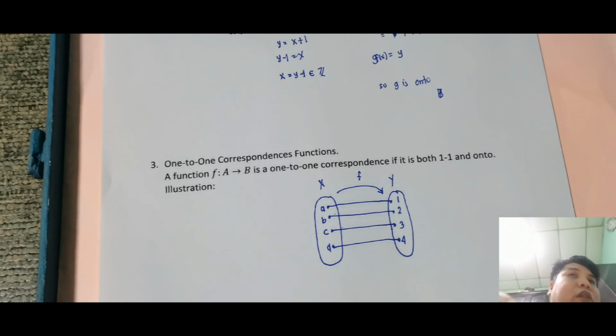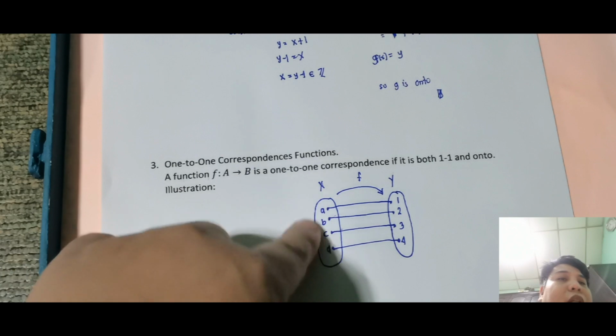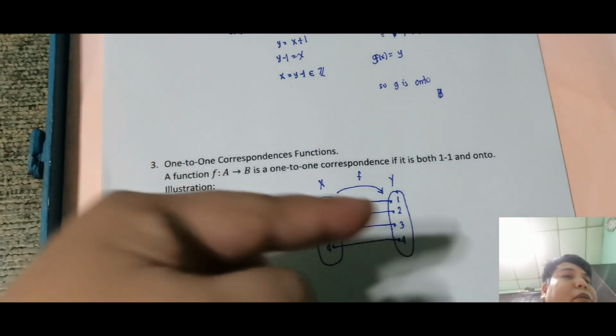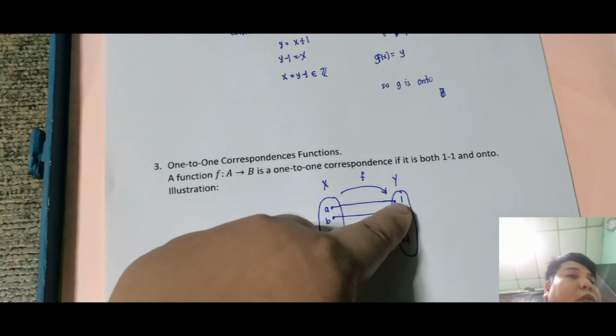Ngayon, pagdating ng onto, lahat naman nung nasa codomain, dapat may nagmap mula kay X o doon sa ating set A o sa domain. Ngayon, ano naman sa one-to-one correspondence? Pag pinagsama ko yung dalawa, ano ibig sabihin? Meaning, lahat nung meron sa X, may magmamap papunta sa set Y.